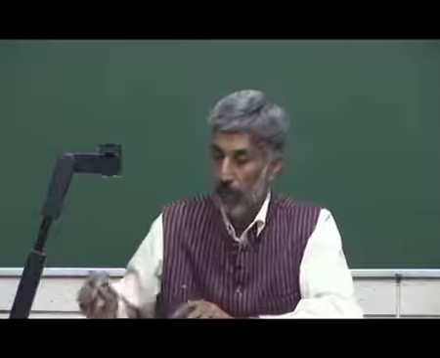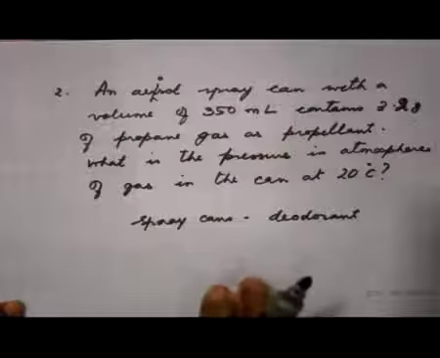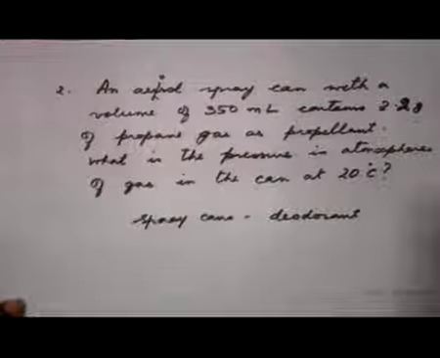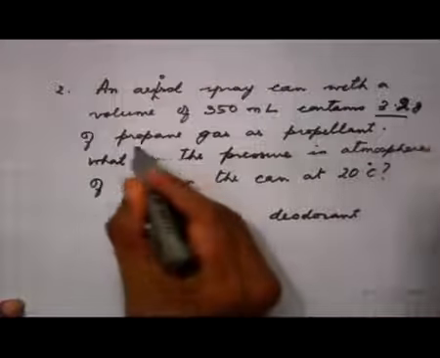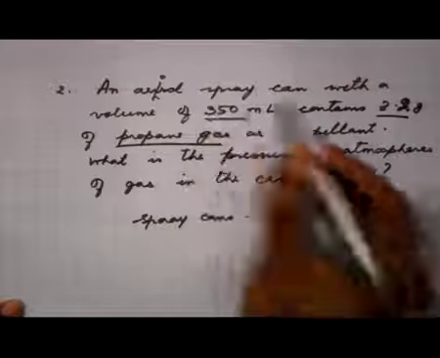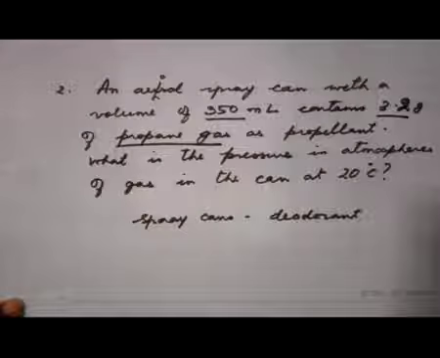For example, this deodorant molecules etcetera is carried by this propellant gas into the atmosphere or wherever it is applied. And so, we are asking the question, what is the pressure in the can if a can contains 3.2 grams of propane gas and its volume is 350 ml.